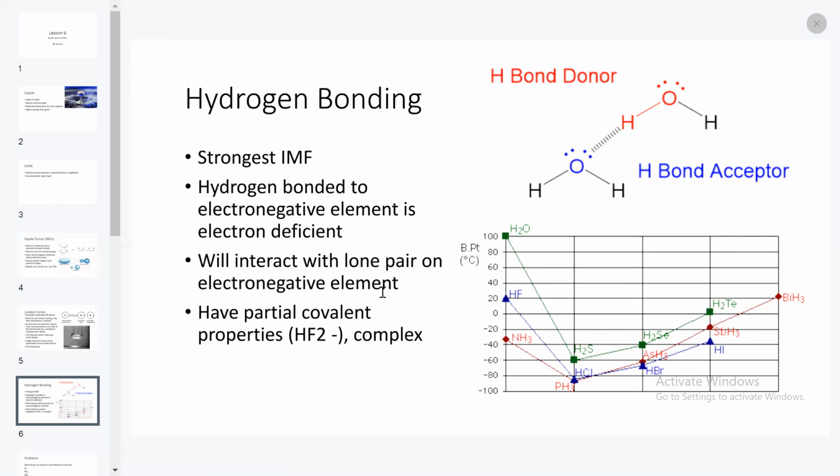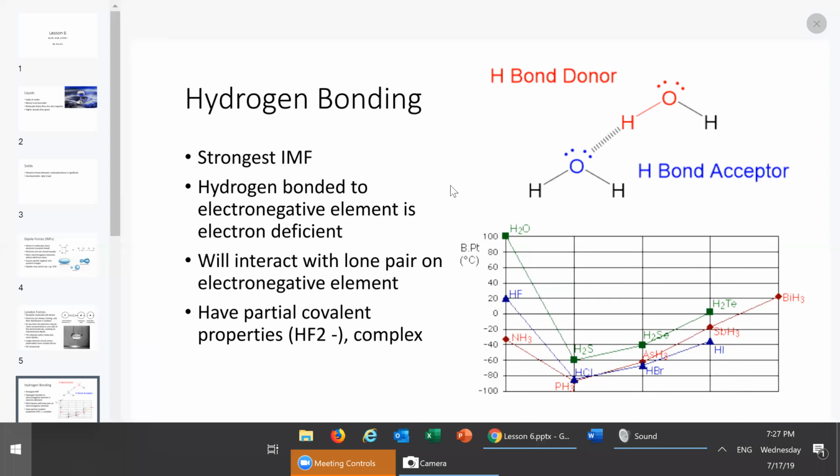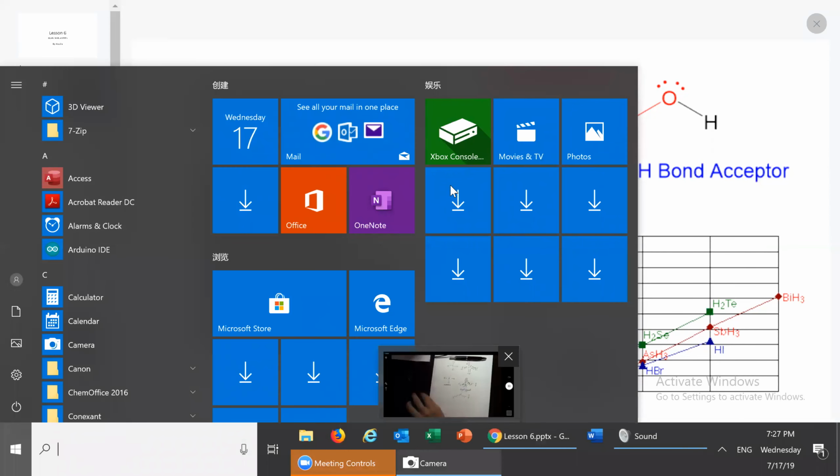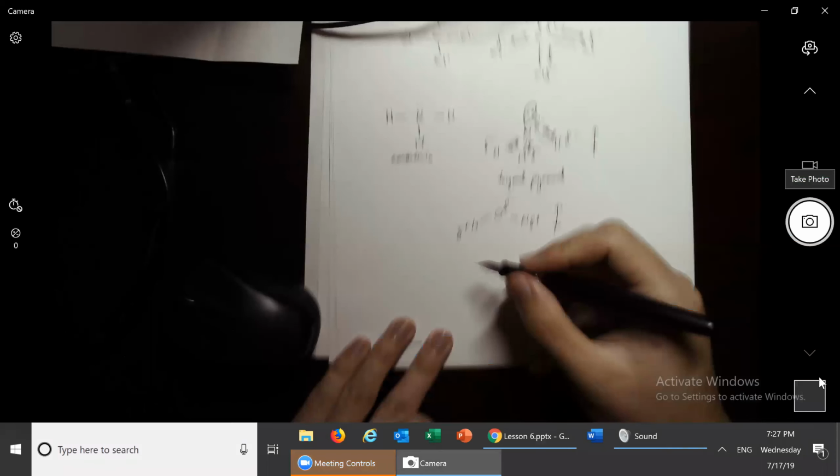So you might not see this in AP chemistry, but if you look at molecular orbital theory, you'll see that hydrogen bonding has some partial covalent properties. For example, the bifluoride ion, HF2 minus, which is a very, very interesting structure. So it looks like this.